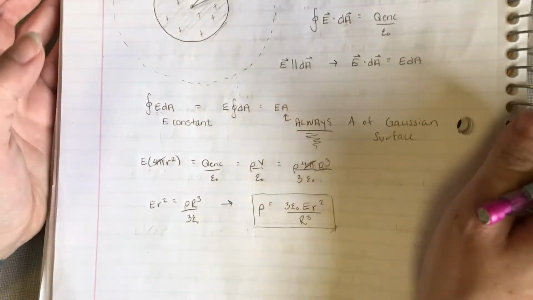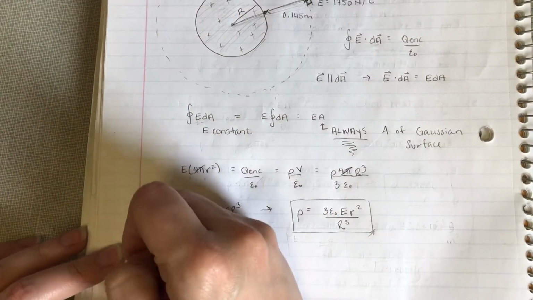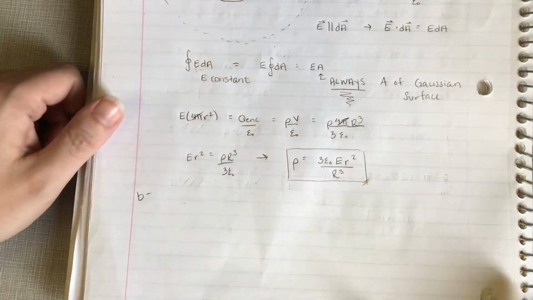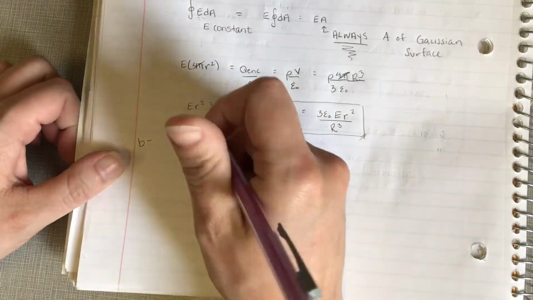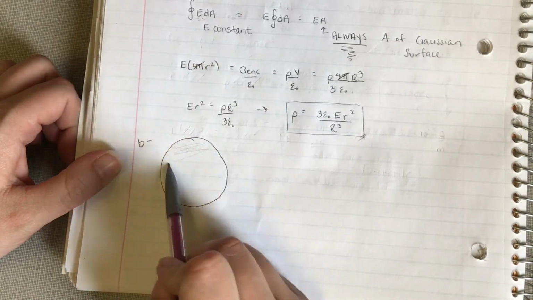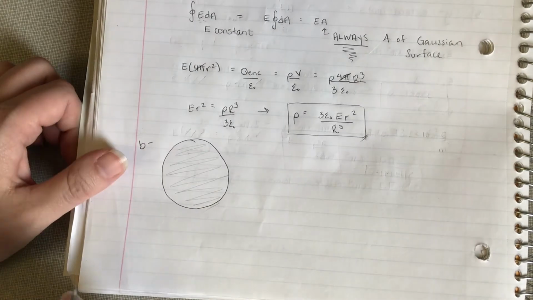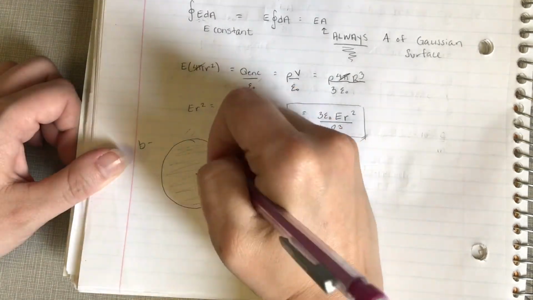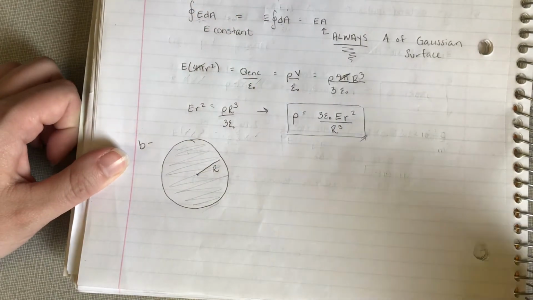All right. Okay, so part B wants us to find the electric field inside the sphere. So now we have our big, beautiful charged sphere, with charge uniformly distributed through that. We have our big R of the sphere.